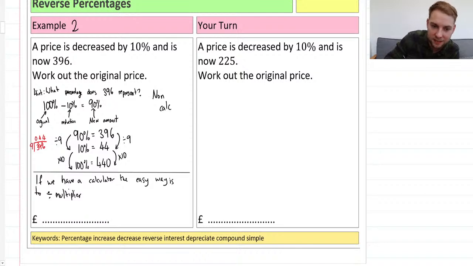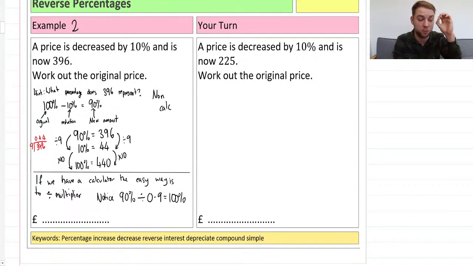Now notice that 90% divided by 0.9 is equal to 100%. 90% divided by our multiplier, 0.9, is equal to 100%. So if I wanted to find this out, the easiest way is to do 396 divided by 0.9.